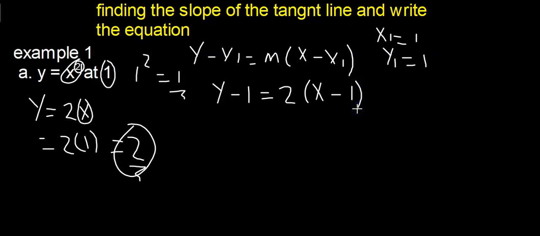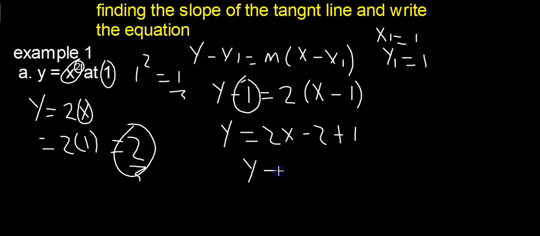So now my equation of a line will be y equals 2 times x is 2x, and 2 times negative 1 is negative 2. When you distribute this negative 2, it becomes positive, so it becomes plus 1. So the finished form of the equation of the line will be y equals 2x minus 1. So this will be the last answer.